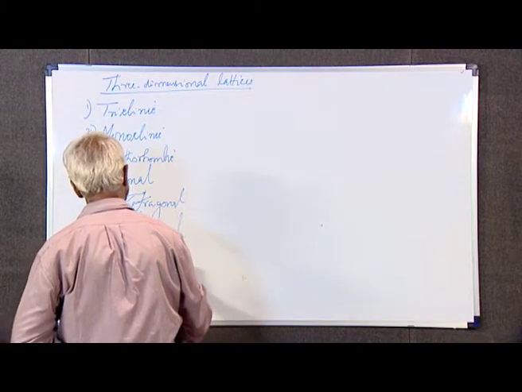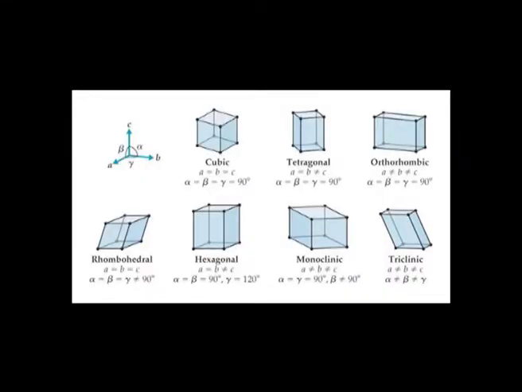We say these are the 7 crystal systems in 3 dimensions. These are the real geometry of crystalline solids, often called the 7 crystal systems.